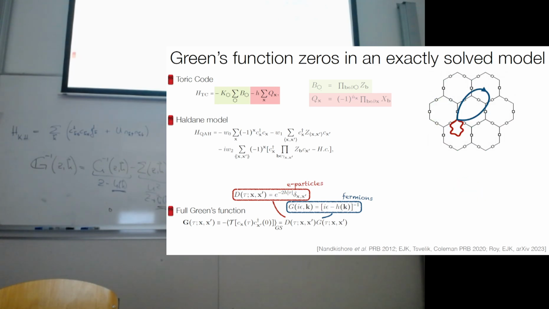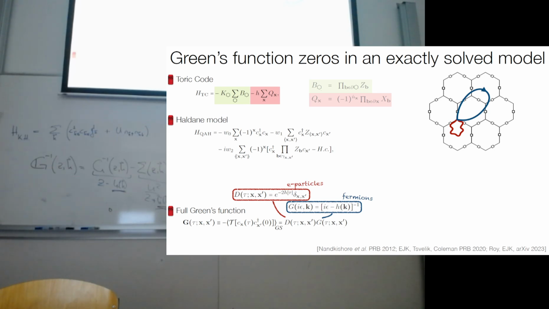So maybe graphically, this is also a picture that I showed in the lecture course. At a given site, we create a particle, but thereby we not only create a fermion, which is going away, traveling somewhere, we also create an E particle. The E particle is just called gapped.